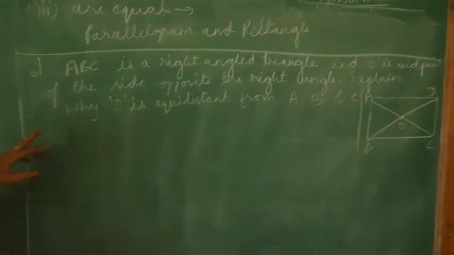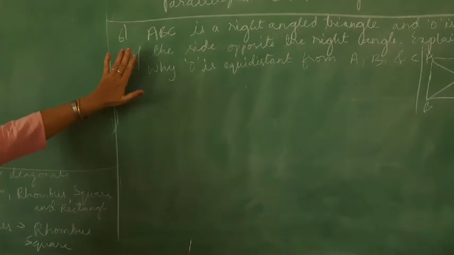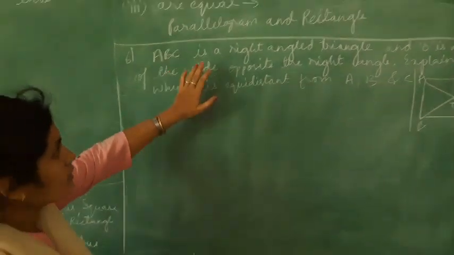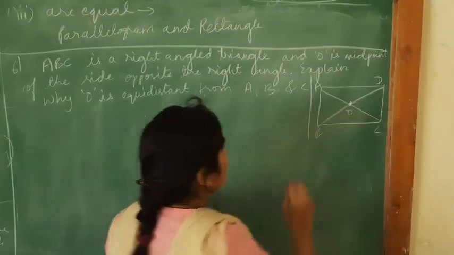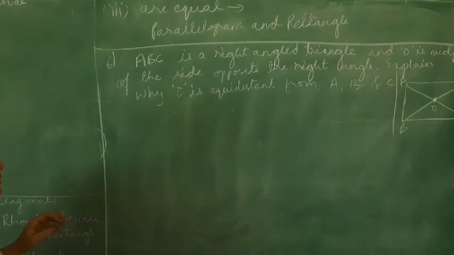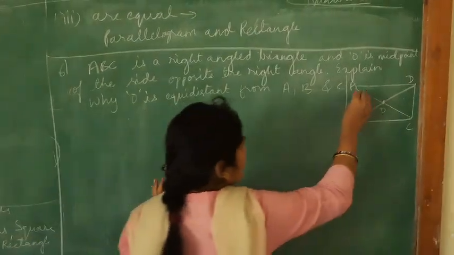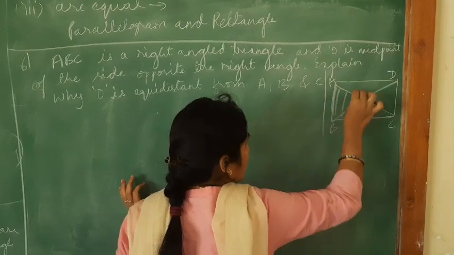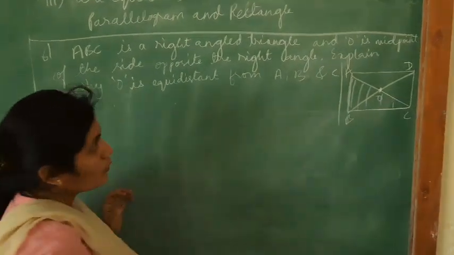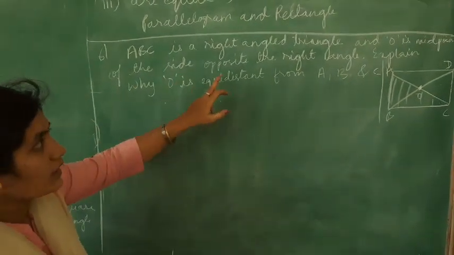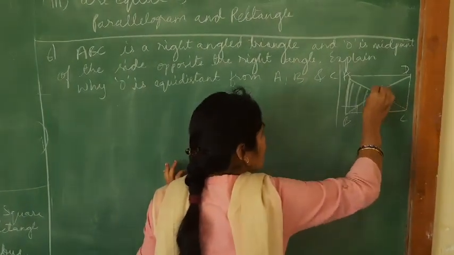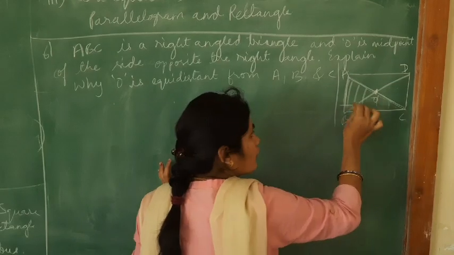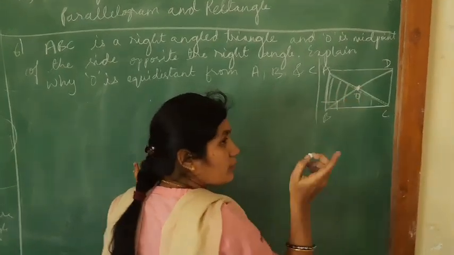Now let us move on to the sixth problem. ABC is a right angled triangle and O is the midpoint. Sorry, this ABC is the right angled triangle. We are considering only this part ABC, and O is the midpoint of the side opposite the right angle. So this is the right angle and O is the midpoint on the side opposite the right angle, that is nothing but the hypotenuse.